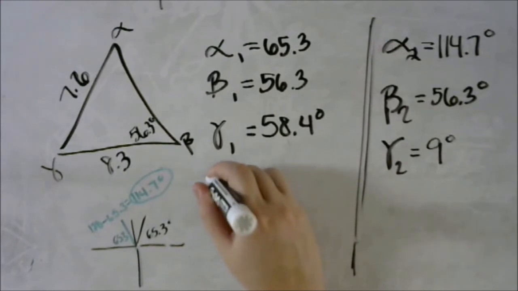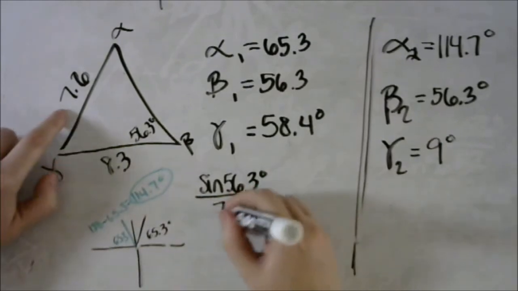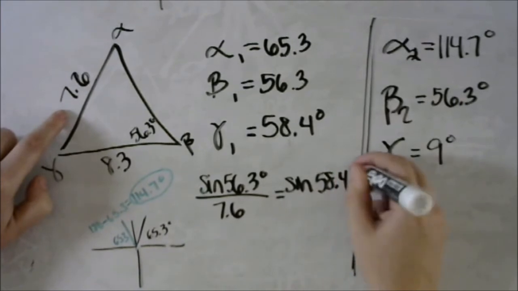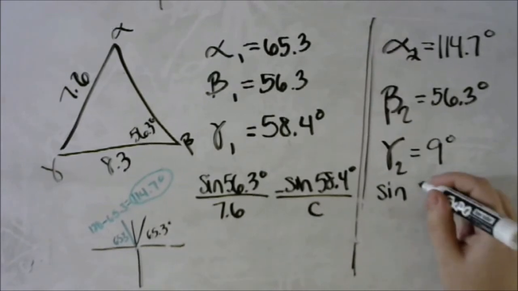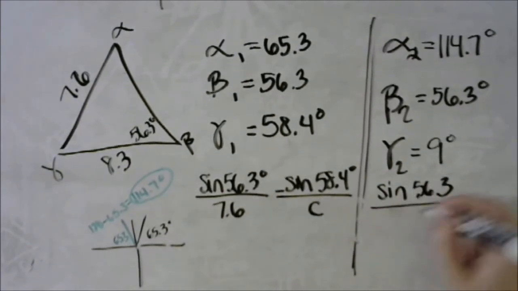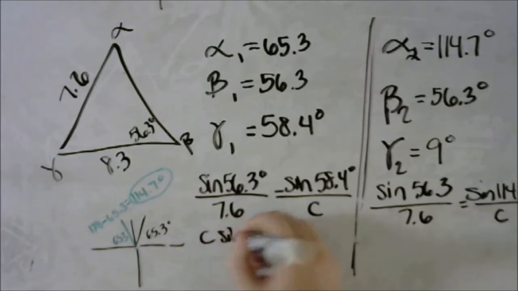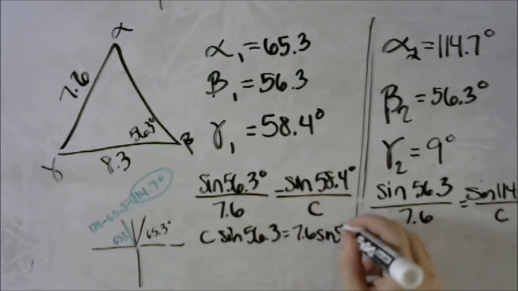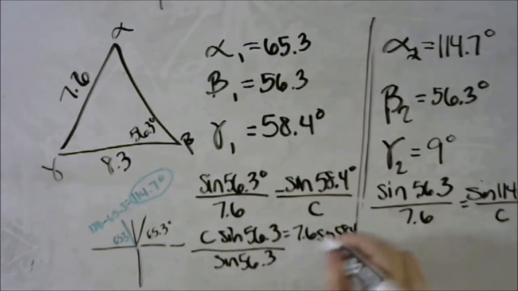We're going to say sine of 56.3 degrees over 7.6 is equal to sine of 58.4 degrees over C. We'll set up the same equation using our other value of C. And we'll solve both of them using cross multiplication. C sine 56.3 is equal to 7.6 sine of 58.4, divide by sine 56.3.